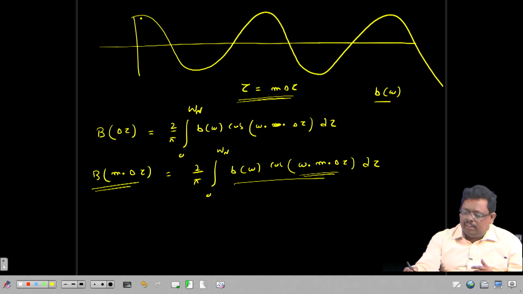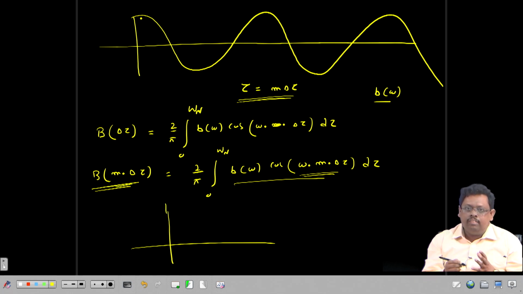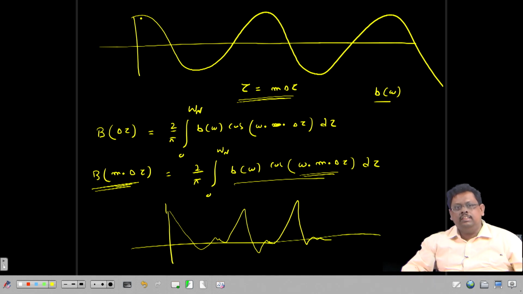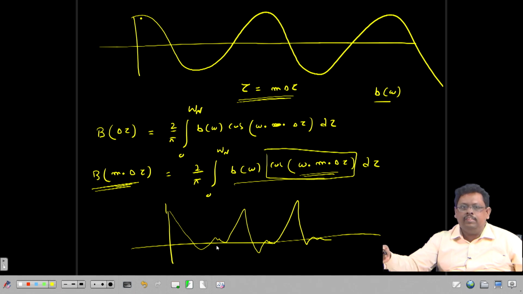So what we expect is that this b tau function should again repeat the same thing, something like this, again something like this. I am guessing that because of this equation it should repeat, right.